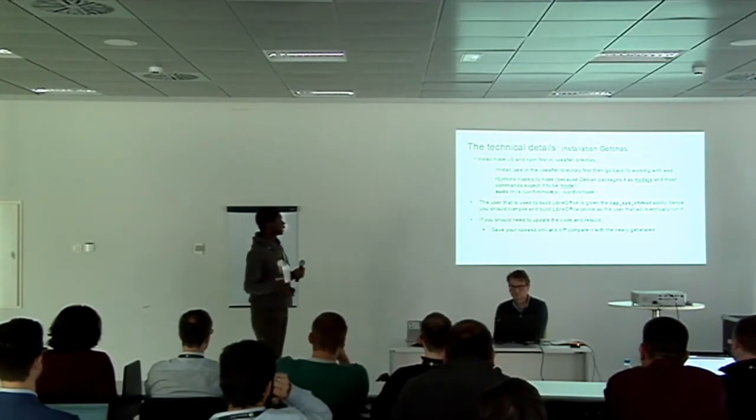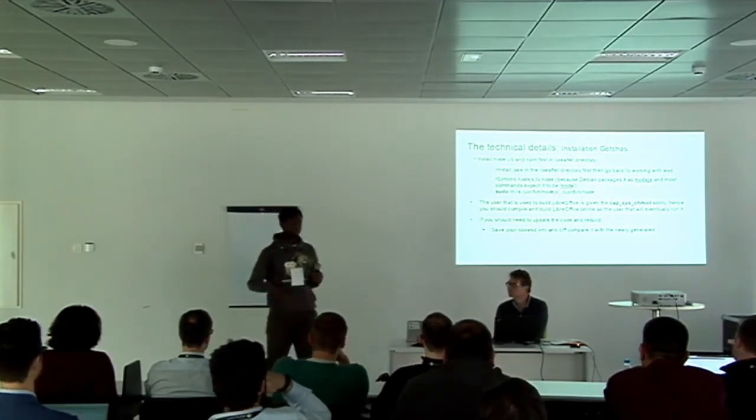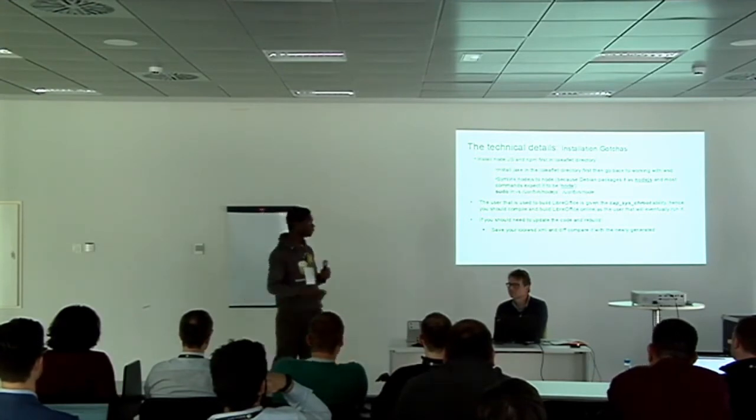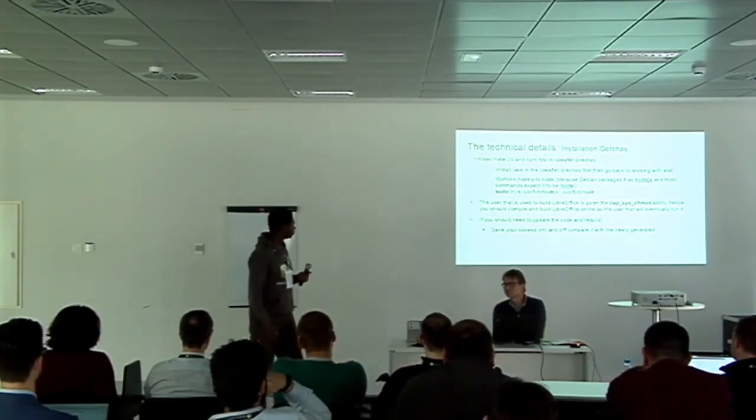So each time that happens, make sure you save this configuration file and then diff compare it to the newly generated one, because there are always changes going in there, and some of the changes that are added are understandable but are crucial to running LibreOffice Online.